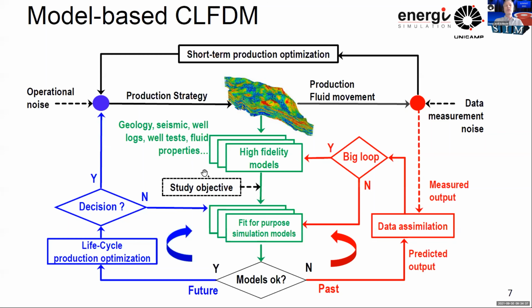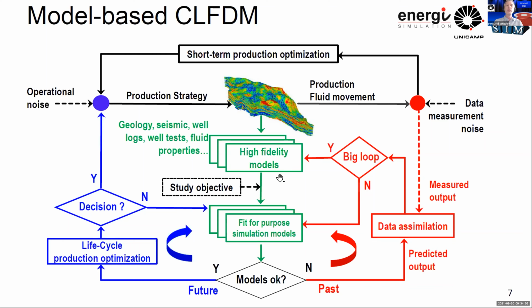Of course, depending on the study objective, we also include the uncertainties here, that's why we have multiple boxes. But depending on the objectives, we cannot take too much time to wait until the decisions are made, because these high fidelity models take a long time to run, sometimes hours, sometimes days.